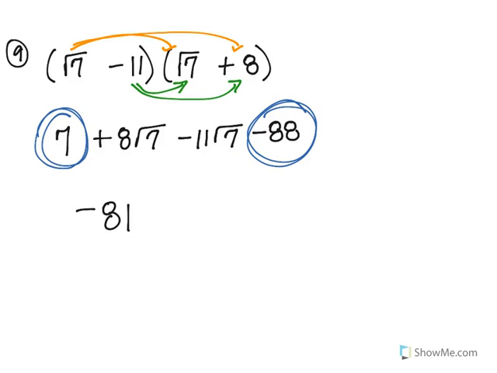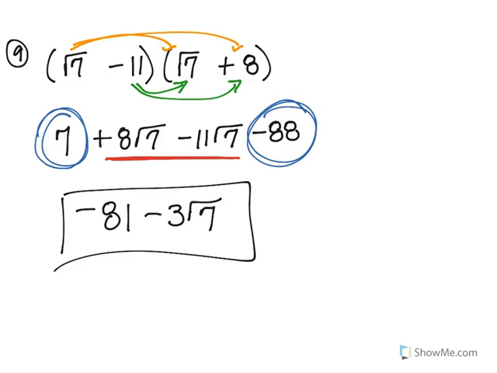Okay. And then 8 square root of 7 minus 11 square root of 7 is? Negative 3 square root of 7. Very good. So that's your answer. Do y'all see that? Questions? Not too bad?